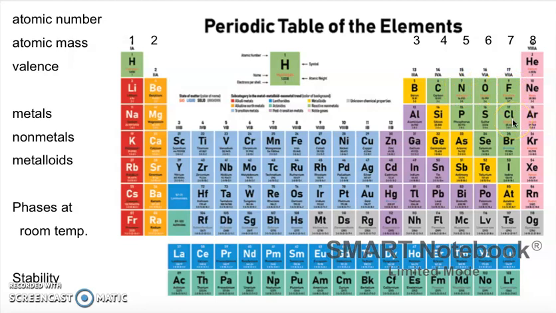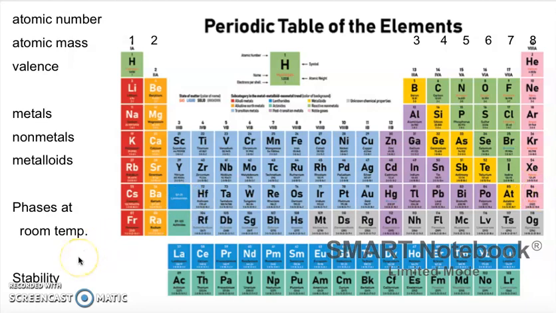But everything else is a solid or a liquid, and there's only two liquids. There's a liquid right here, bromine, and there's a liquid right here, mercury. Besides bromine and mercury, everything else is a solid, except N, O, F, Cl, and all these pink ones are gases, and that's what you have. Those are the phases of all of these.